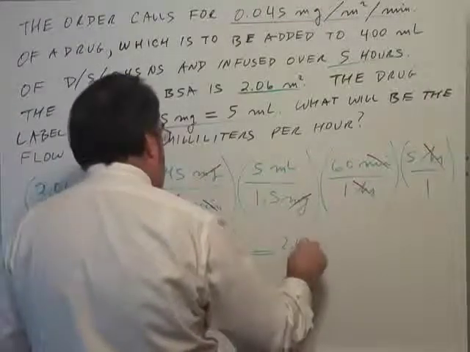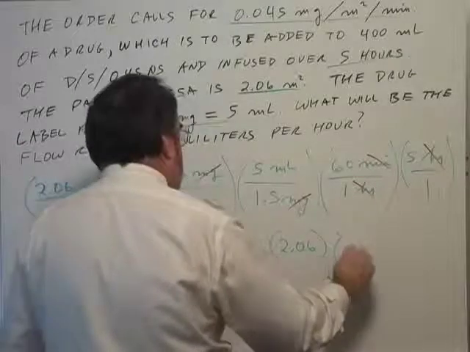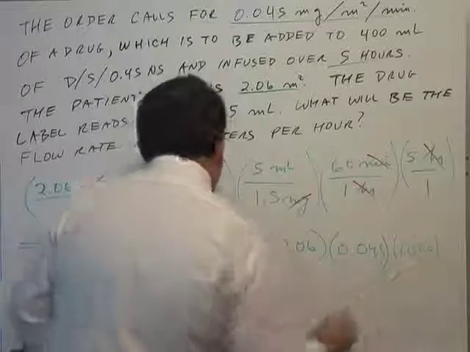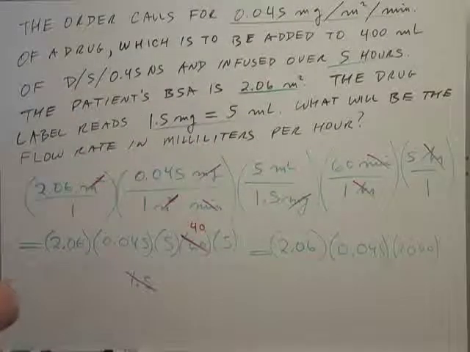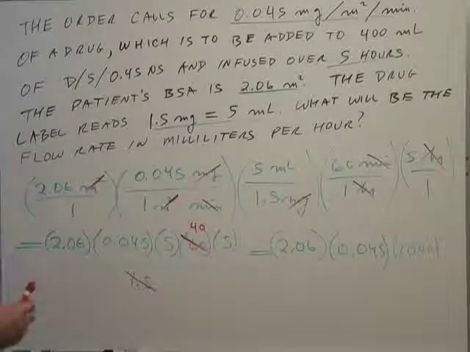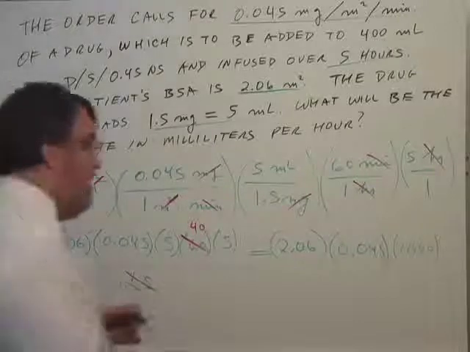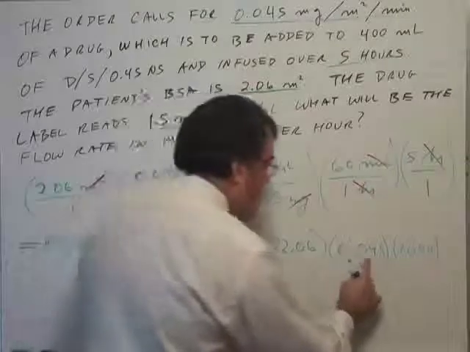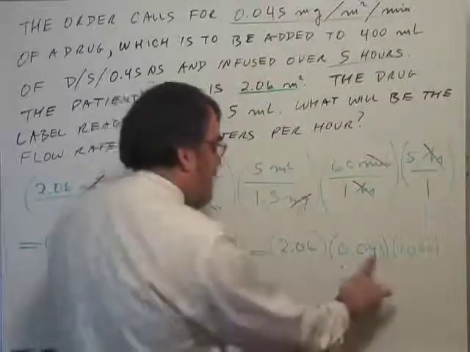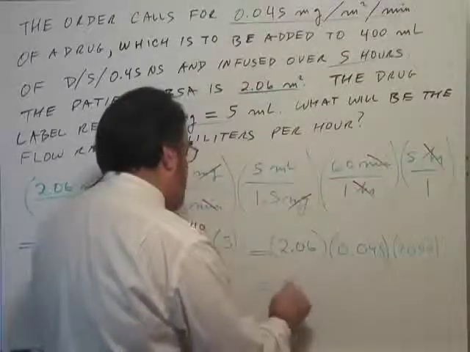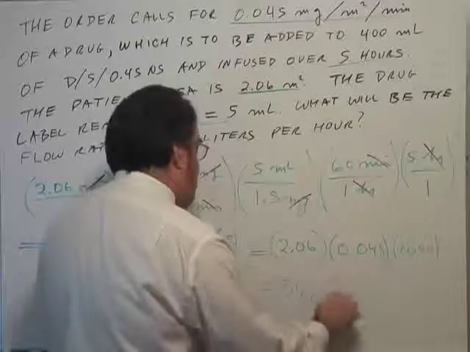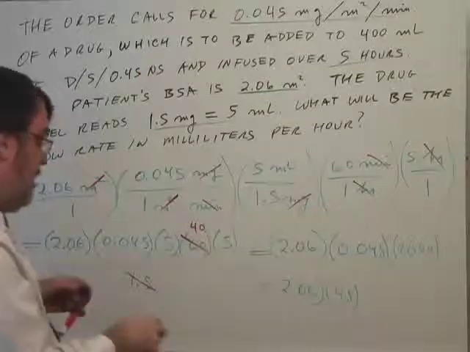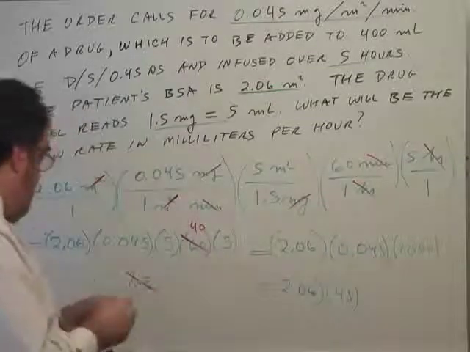So I have 2.06 times 0.045 times 1,000. Well, to me it's looking a lot better, because now if I multiply 1,000 times 0.045, this becomes larger by 3 places, this becomes 45. So I end up with 2.06 times 45. All right, so let's work that through.